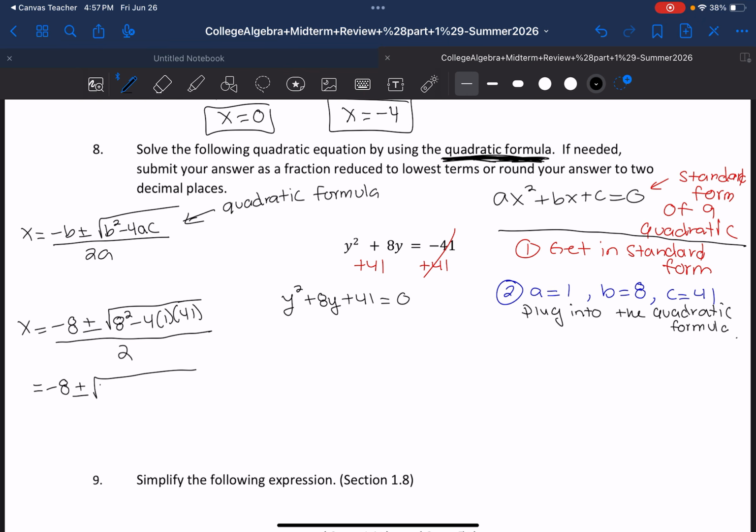8 squared is 64. And negative 4, where did my calculator go? Negative 4 times 41 is negative 164.